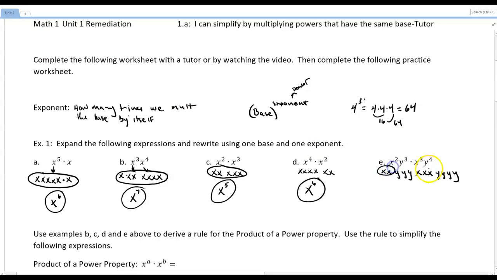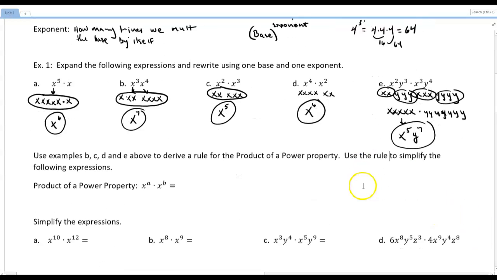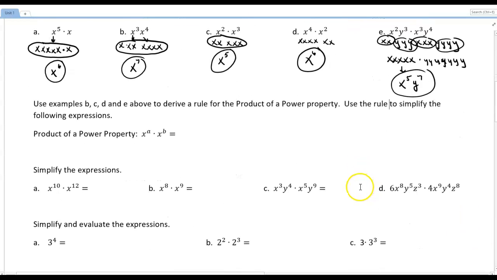If I take these 2 x's and 3 x's, I could rewrite this problem as 5 x's multiplied together times 7 y's multiplied together, which means I could rewrite this as x to the 5th, y to the 7th. We always like to write it in alphabetical order.